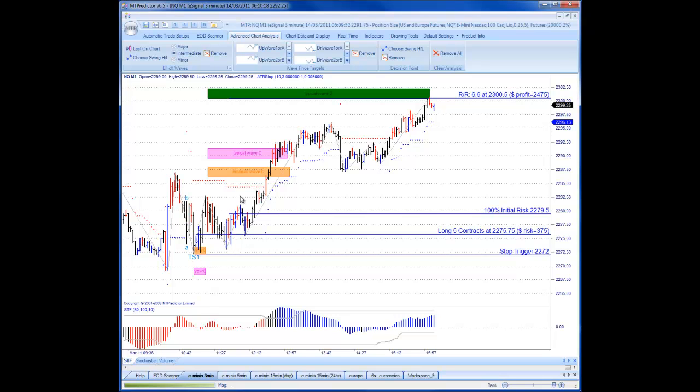We then treat the rally off this as a wave 3. In other words, we don't look for our first wave C targets, we look to our typical wave 3 WPT, and that's exactly what unfolded. So a great example of a Holy Grail trade that unfolded absolutely perfectly on the 3-minute NQ on Friday, March the 11th.